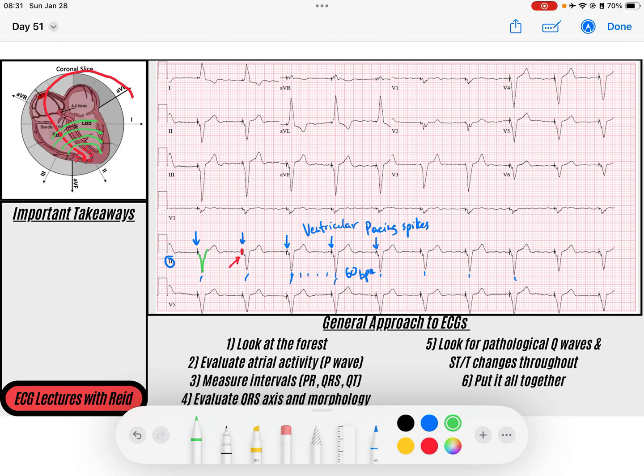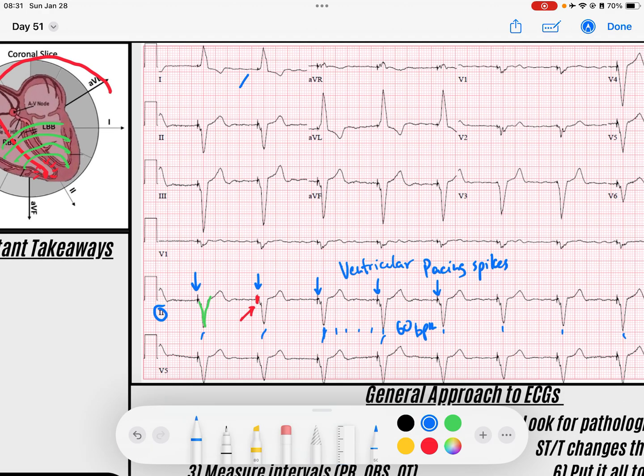So next thing we're going to do is evaluate for atrial activity. I'm going to look in front of these QRSs for P waves, and I'll scan through various leads, and I don't see any P waves before my QRSs. I like to look at V1. V1 gives us good P waves if there are some, nice sharp P waves. I don't see any. I see this baseline fibrillatory wave here. It's not perfectly flat.